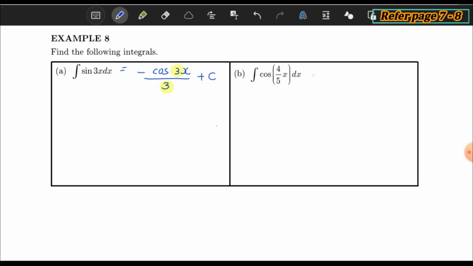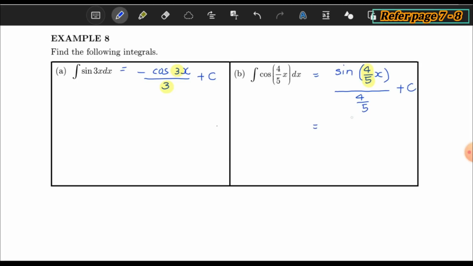Part B. Integrate cos of 4 over 5 x equals positive sin of 4 over 5 x. And we need to divide by the derivative of the angle. So, divide by 4 over 5 plus c.